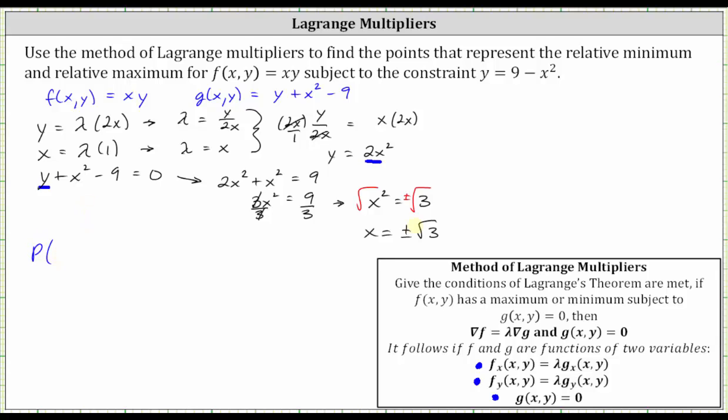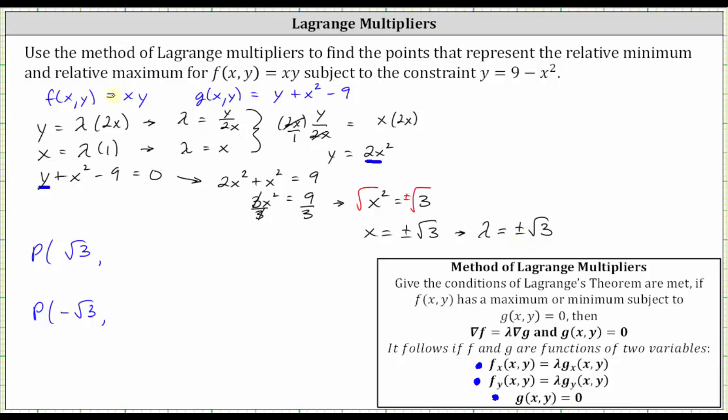One point is going to have an x-coordinate of positive square root of 3, and the second point is going to have an x-coordinate of negative square root of 3. And again, because lambda is equal to x, we know lambda is also equal to plus or minus square root of 3. So when x is positive, lambda is positive. When x is negative, lambda is negative.